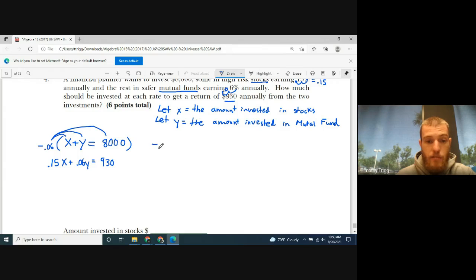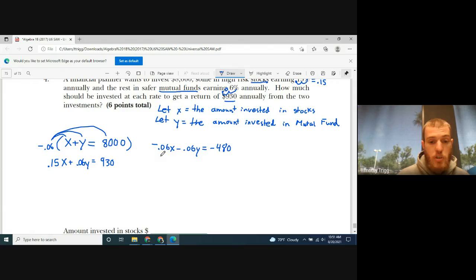That's going to be negative 0.06x minus 0.06y equals, now we have to do negative 0.06 times 8,000, which is negative 480. Okay, because negative times positive makes negative.